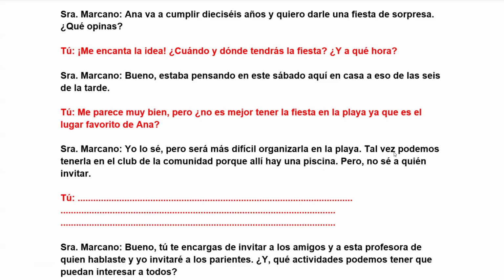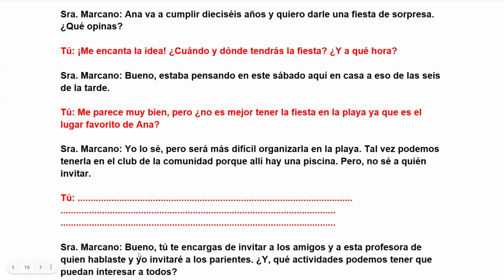But she says maybe we could have it at the community club because there's a pool there. And the last thing she says is that she doesn't know who to invite. Now, after that, our response here is blank. This is where we have to give our response. But remember, you have to read what is below just in case you need to get an idea based on what was said here to include particular information into your response.